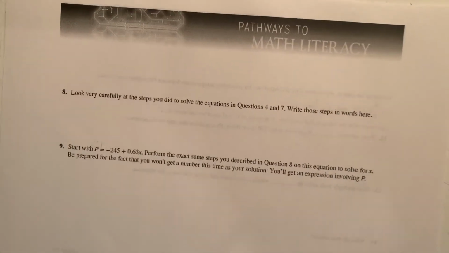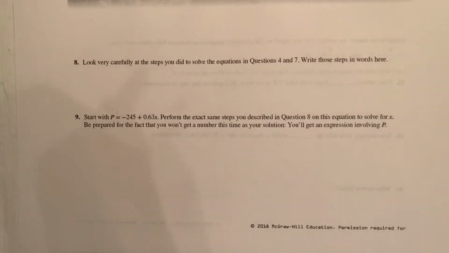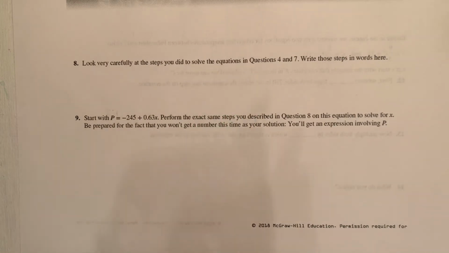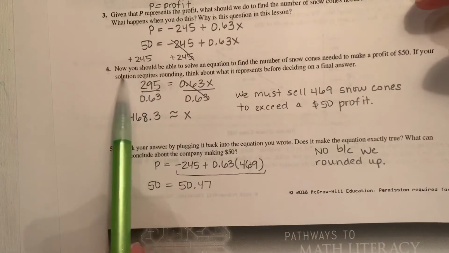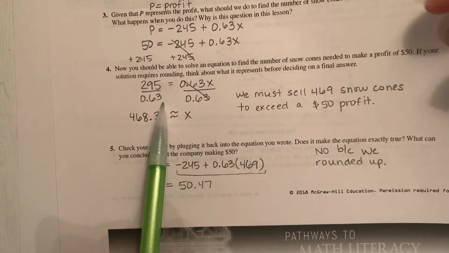So let's see, number 8 here. We're going to look back and analyze our work a little bit. It says look very carefully at the steps you did to solve the equations in 4 and 7. So if I put that under my camera again, in number 4, we started by adding 245 and then we divided 0.63.